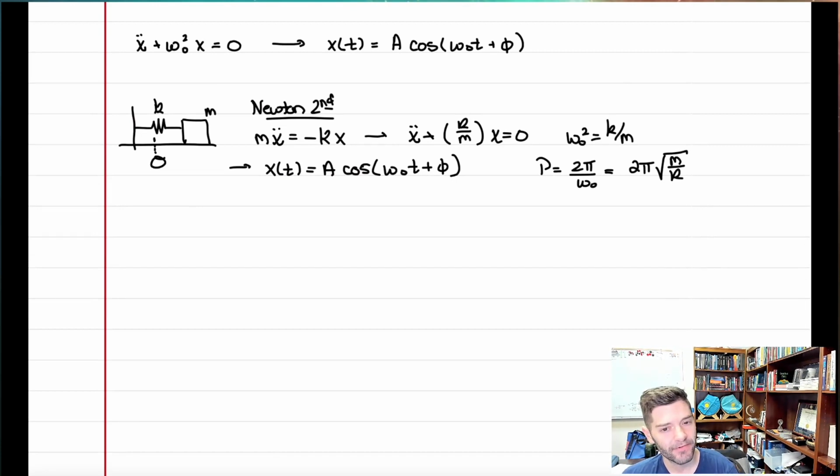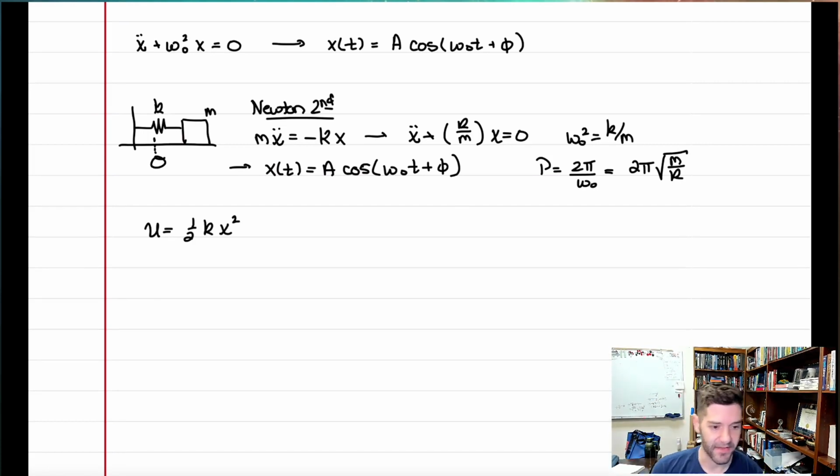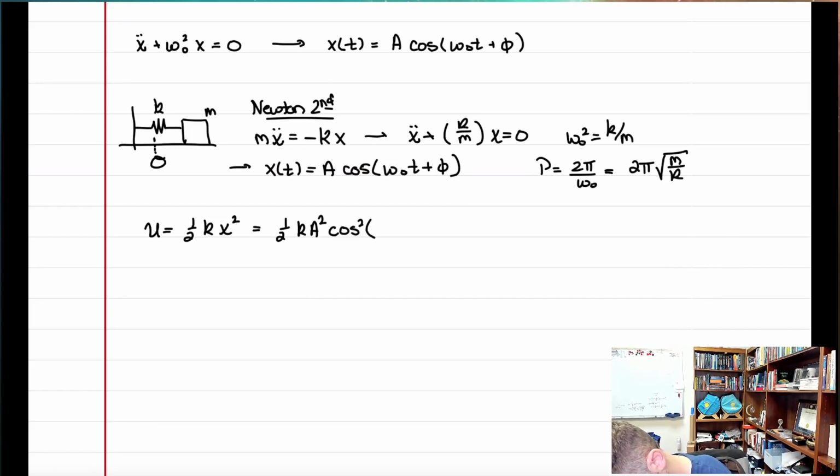We talked about how everything is conservative in this case, so we should ask ourselves, can I write down, for example, the potential energy of this box? Well, I know the potential energy is 1/2 kx squared. So in this case, it looks like the potential energy is 1/2 k A squared cosine squared of omega naught t plus phi.